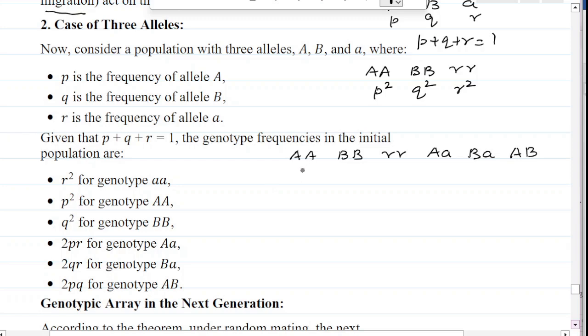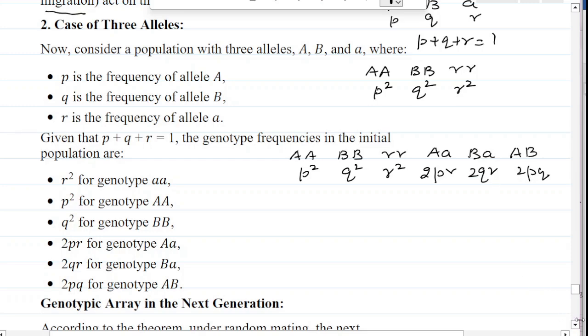So their genotypic frequencies in the next generation will be P square, Q square, and this is R square. This is 2PR, this is 2QR, and this is 2PQ.